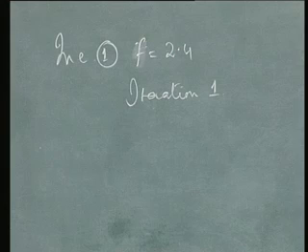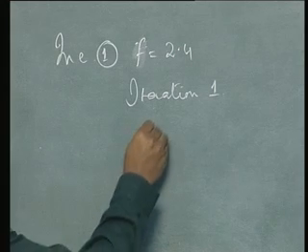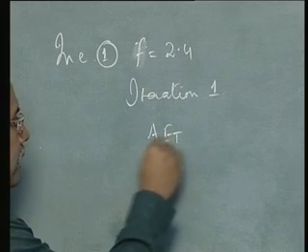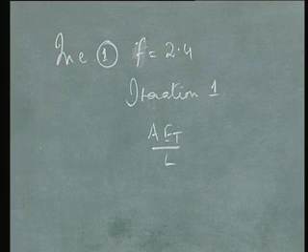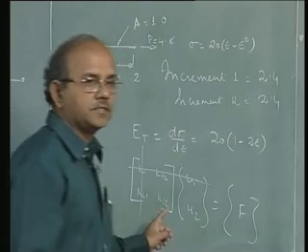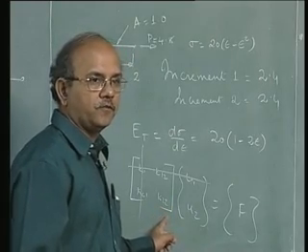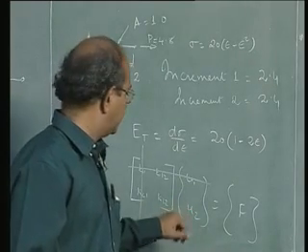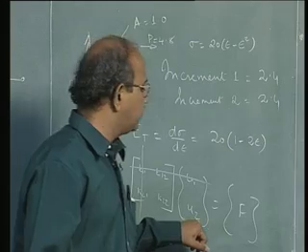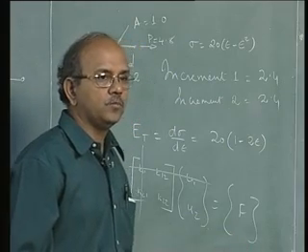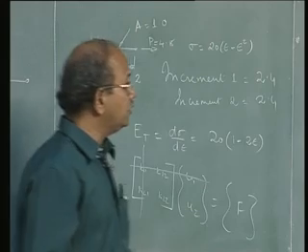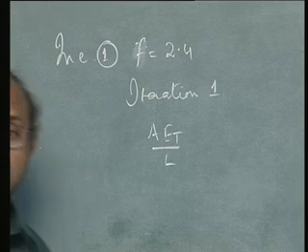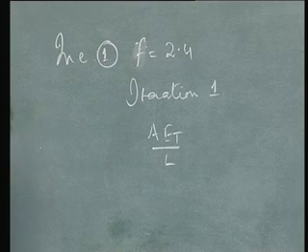Right? So you calculate first, of course, AET by L, and that is going to be my stiffness K22 for the first iteration. Please calculate that, and that multiplied by U2 should be equal to the force, because I have to calculate psi.